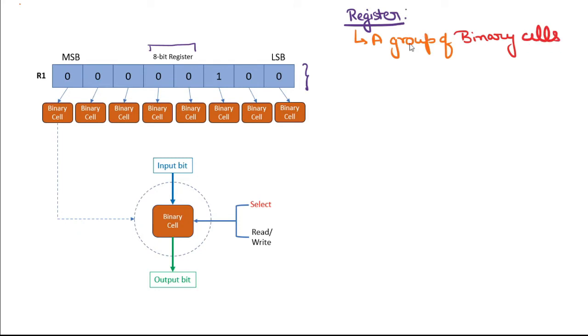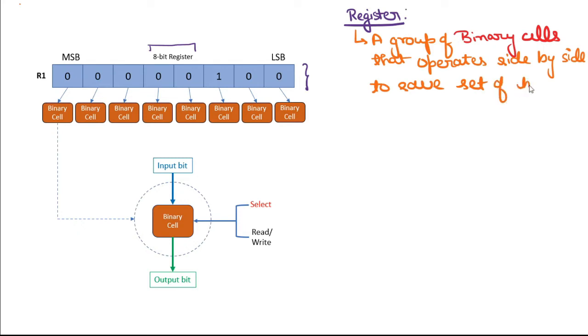that operate side by side to save a set of bits. What does it mean? What is a binary cell?